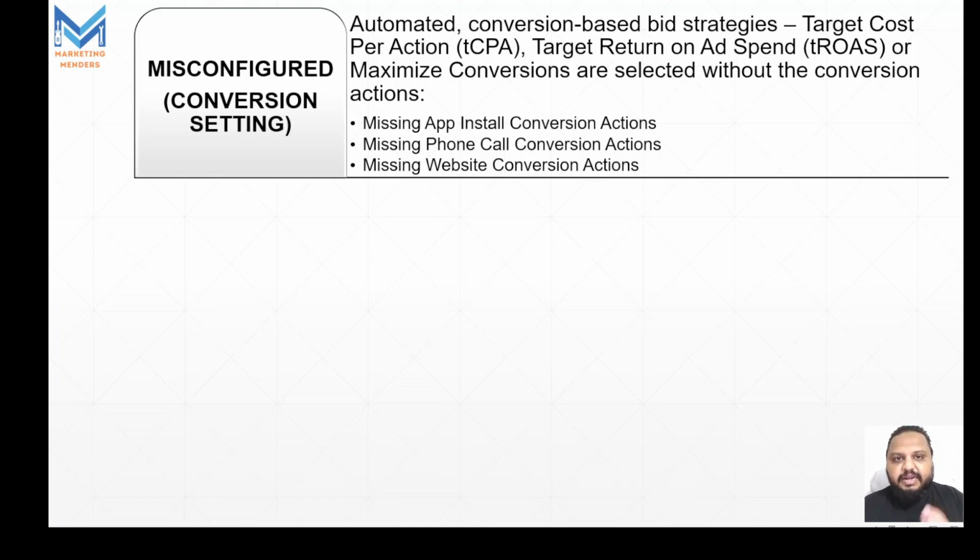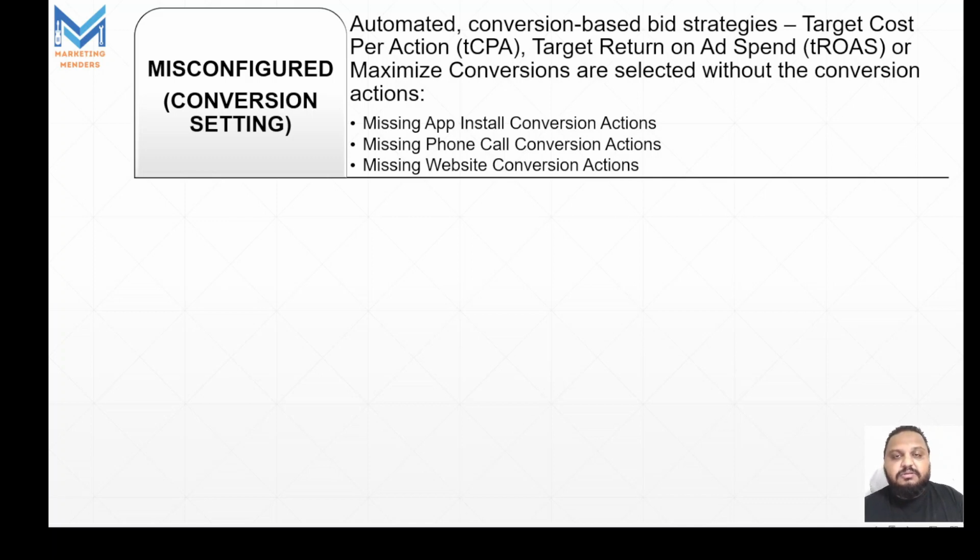So when you have selected any automated bid strategy related to conversion, for example, target cost per action, TCPA, target return on ad spend, TROAS, or maximize conversions, then you could get this error, misconfigured conversion setting, and that could be due to a missing app install conversion action, missing phone call conversion action, or missing website conversion action.